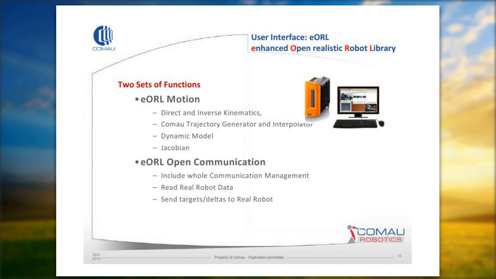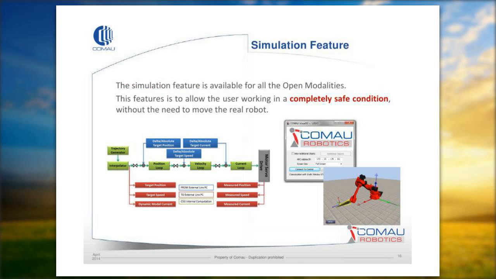So for what concerns the software part, we have the Enhanced Open Realistic Robot Library that is divided into the ERL Motion for computing direct and inverse kinematics, Comau trajectory generator and interpolator, dynamic model and Jacobian, and the open communication. This part of the library includes all the communication management, and it can be used to read real robot data and to send targets and deltas to the real robot at a very high rate of 400 microseconds in hard real time.